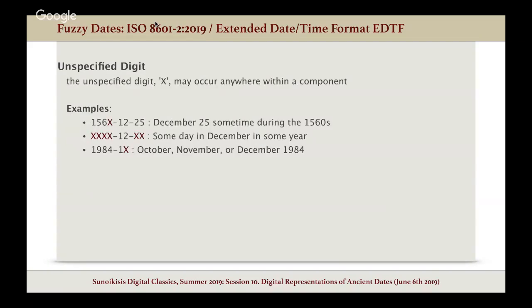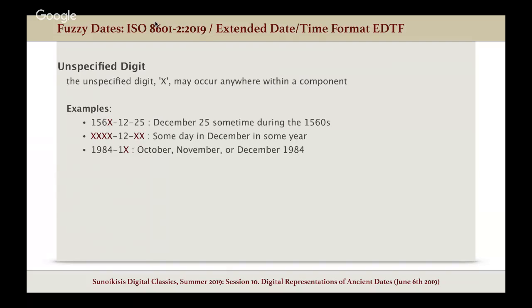And then there are unspecified digits, which you can often find, of course, in ancient sources. In these cases, you insert the character X on arbitrary positions within the date. And so you can model, for example, a decade very easily.